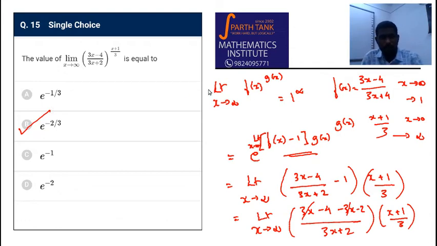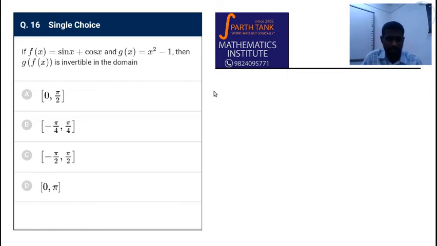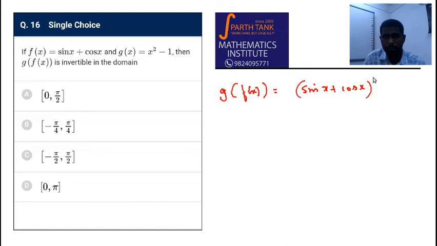So far so good. Quite simple problems in this test. Let us see this. If f of x is sin x plus cos x and g of x is x squared minus 1, then g of f of x is invertible in the domain. What is g of f of x? G of f of x becomes (sin x plus cos x) the whole square minus 1.